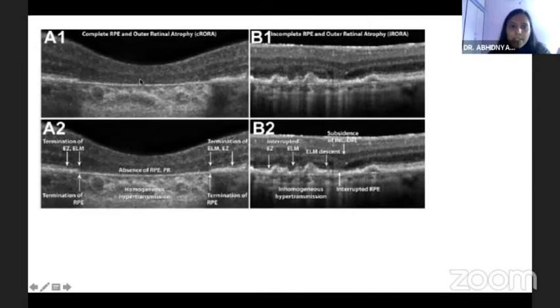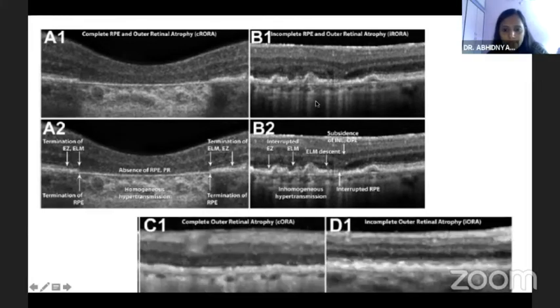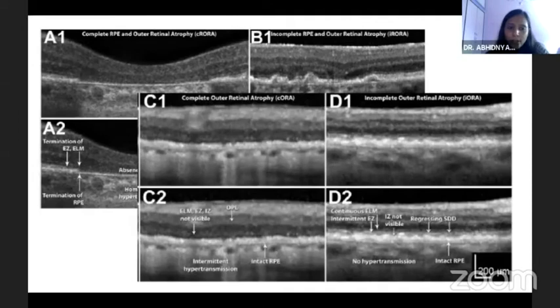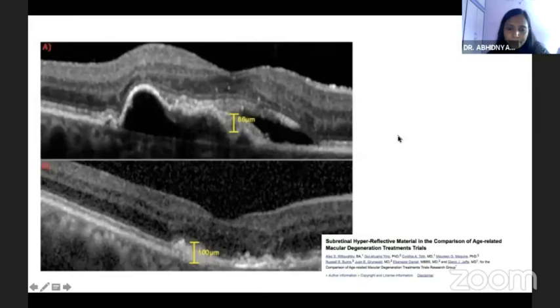Stage A is where there is complete RPE and outer retinal atrophy, whereas stage B is where there is incomplete involvement of both these structures. Now, a further classification is where there is intactness of the RPE, but the outer retina is involved. That is, whether it is complete or incomplete, it is further classified.